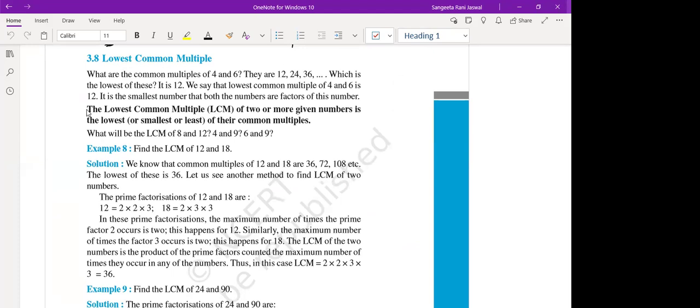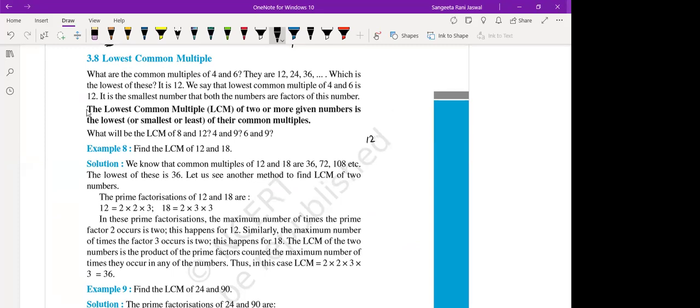If I give you numbers 12 and 18, how do you find the LCM? The same way as we find the HCF, with the division method. Let's take some prime number. 3, 6, then we have 2, 2, 3. Now 2 and 3 don't have any common factor.